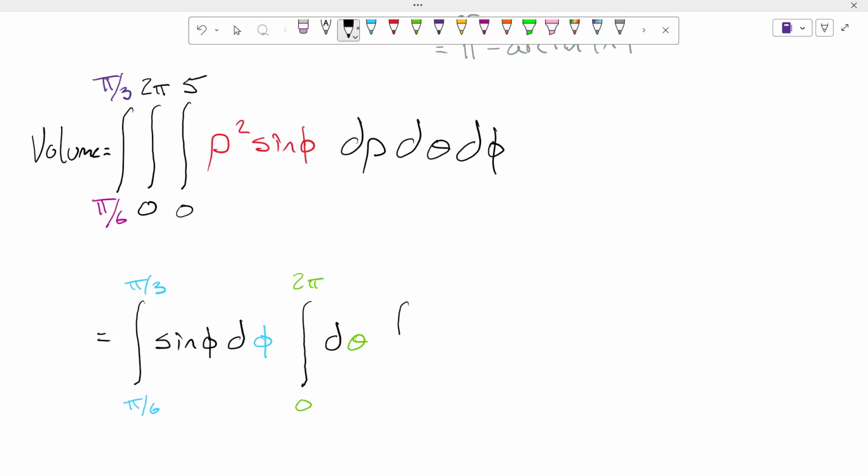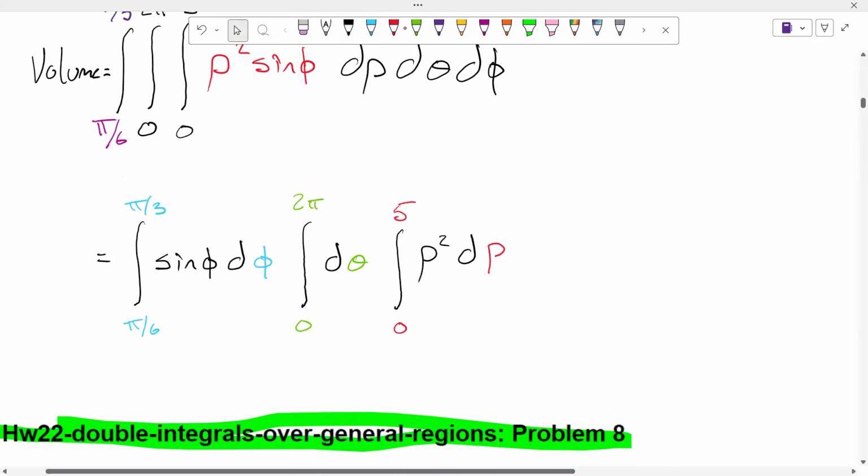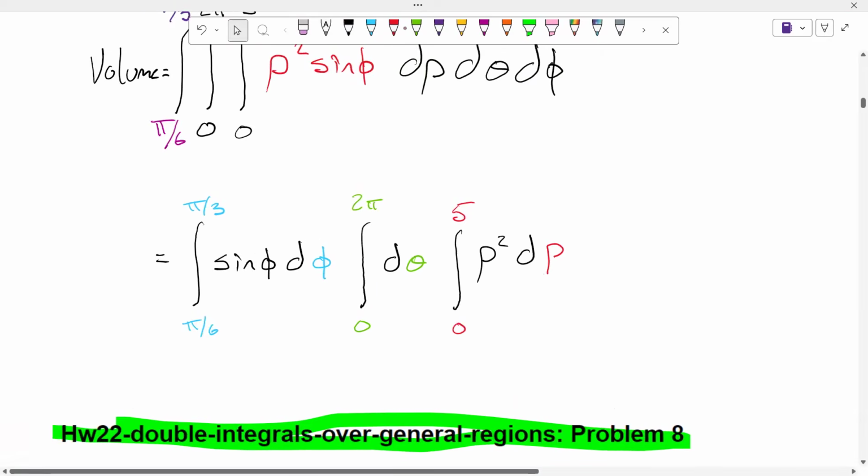And multiply that into a third integral that is just rho squared d rho. I don't know, how about red for this one? 0 to 5. And then each of those can be evaluated independently. And it looks like I need slightly more space.